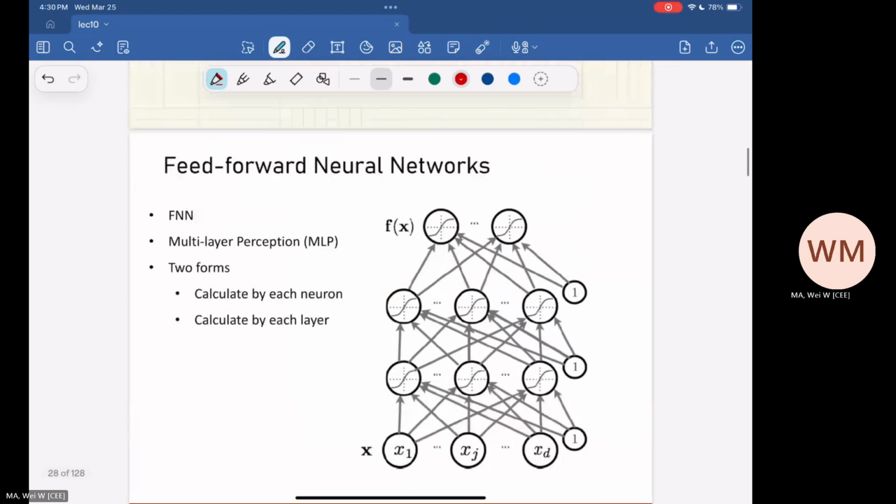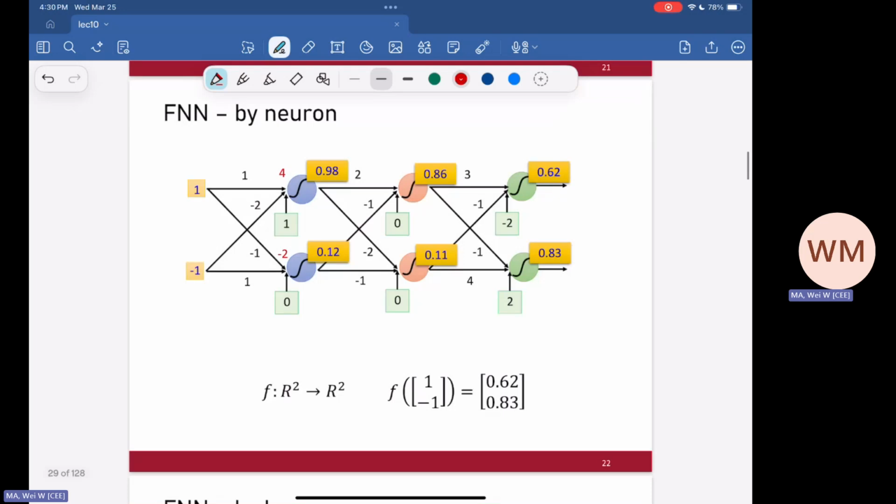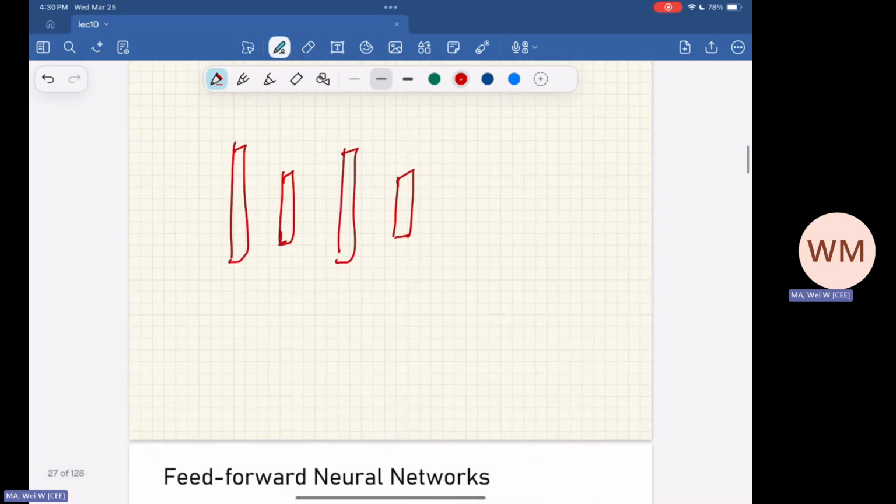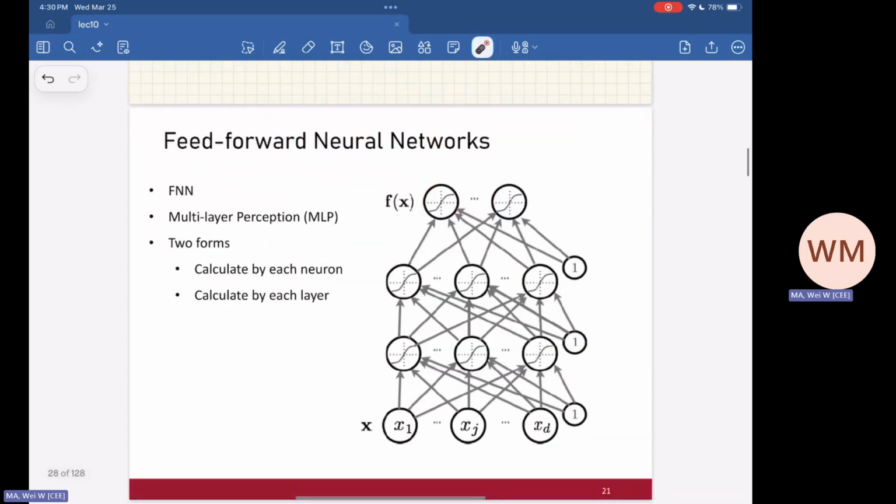Then let's talk about some terminology. Something like this, which I just drew here: you have an input layer, eventually an output layer, and layer by layer these hidden layers. We call this a feed forward neural network, FNN, and it is also called an MLP, multi-layer perceptron.